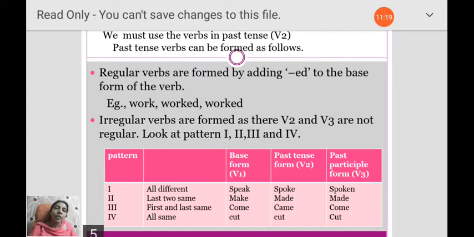See, regular verbs are formed by adding ed to the base form. When you add ed to the base form, we call it a regular verb.